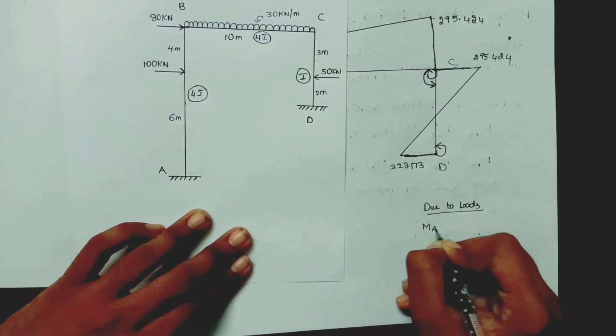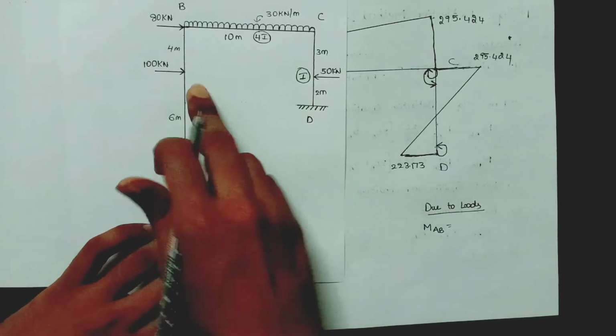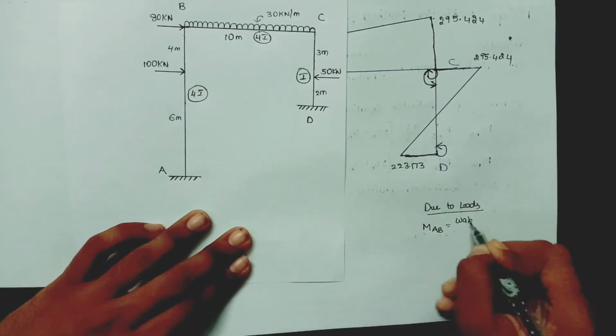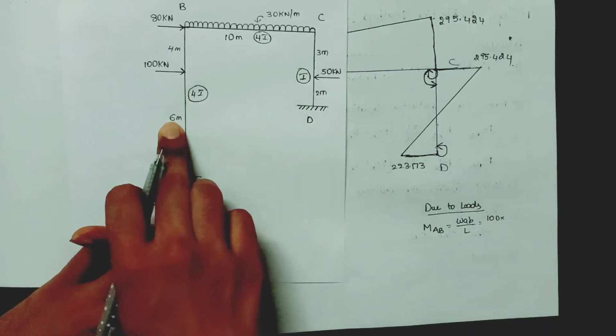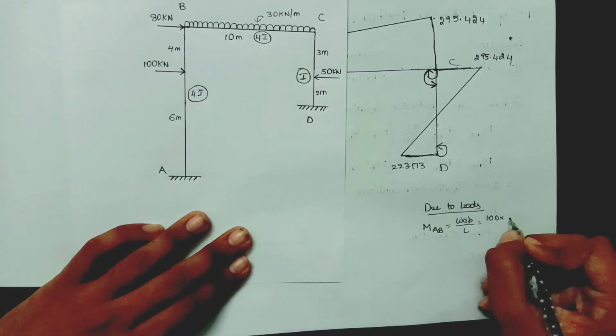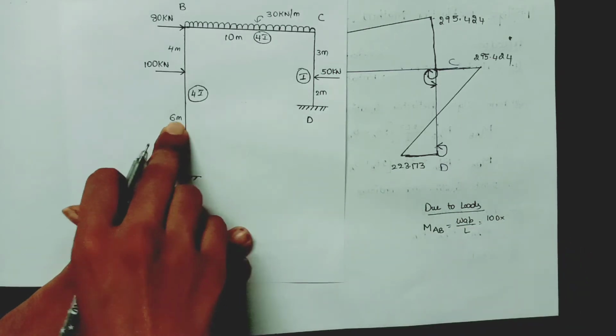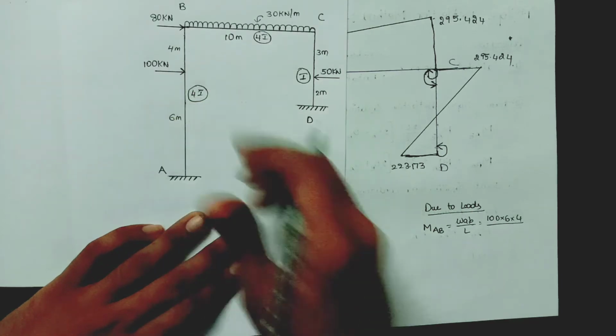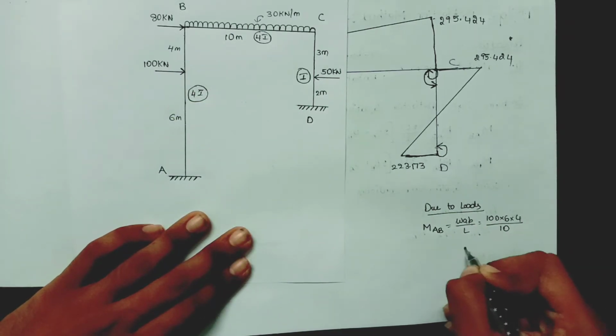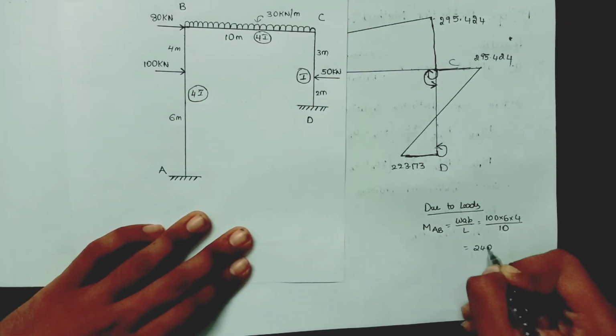So in member AB, WAB by L, W is 100 kilonewton. This is A and this is B. So 100 into 6 into 4 divided by L, the length of member AB, which is 10. The value is 240 kilonewton meter.